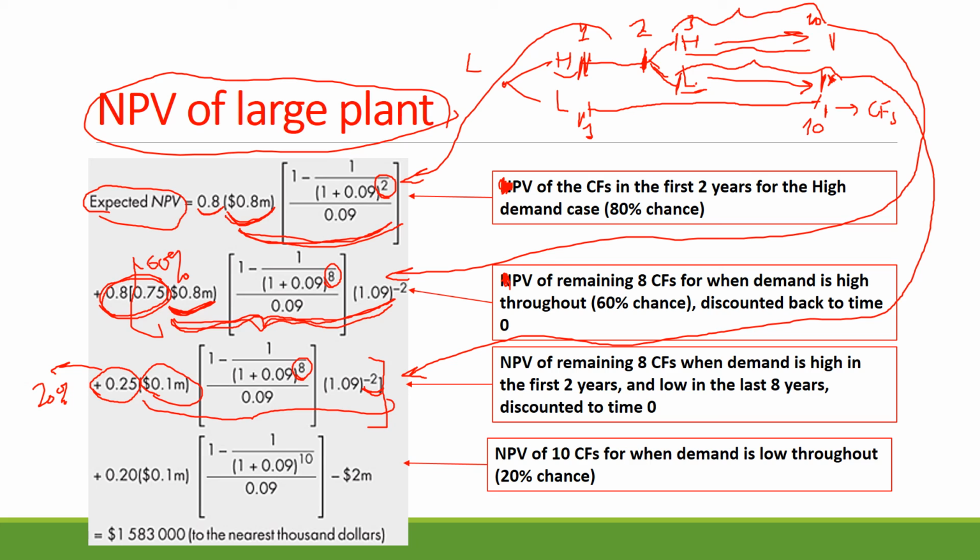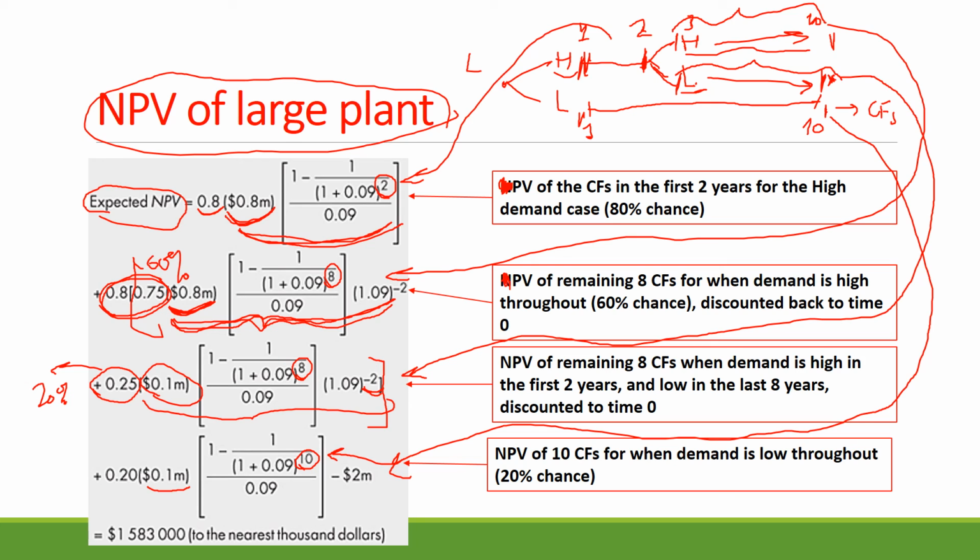Our last cash flows, the last one that we have to calculate, is when the demand is low throughout the 10 years of the project, right? So if the demand is low for the entire project, our cash flow for each of the years would be 0.1 million. We have 10 cash flows, so it's consistently low, right?